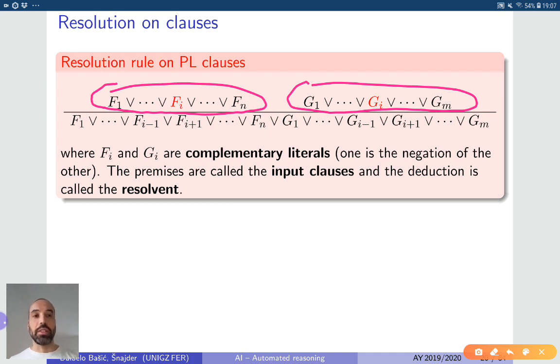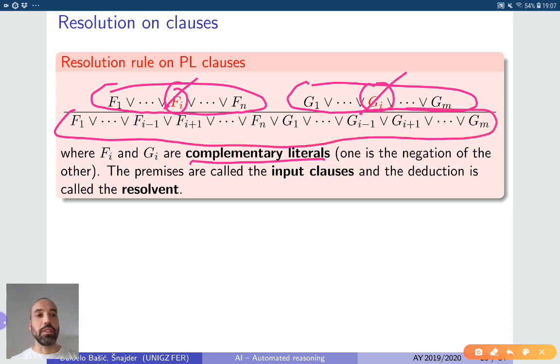And what the resolution rule does, it identifies two literals which are of the opposite polarity, that is complementary literals. So one is the negation of the other, otherwise they're the same. And what it does, it will cancel these, and the result, the deductive consequence, which is called a resolvent, is a disjunction made of the remaining parts from both input clauses.